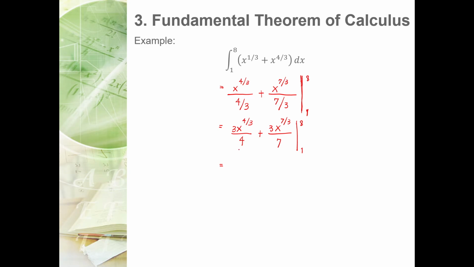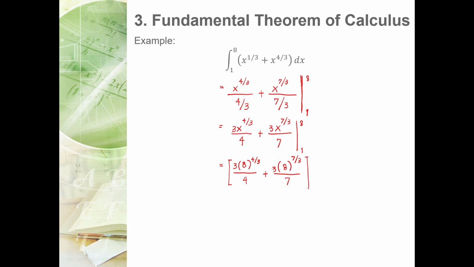Okay, so next we'll be applying the limits of integration, starting with the upper limit. So we have 3 times 8 to the power of 4/3 all over 4, then plus 3 times 8 to the power of 7/3 all over 7.